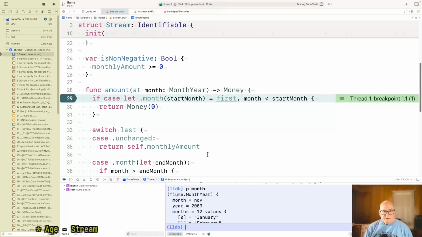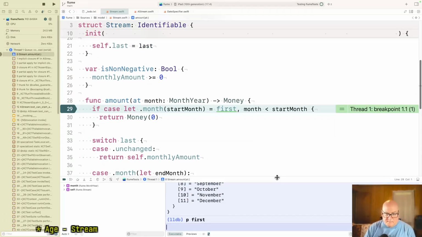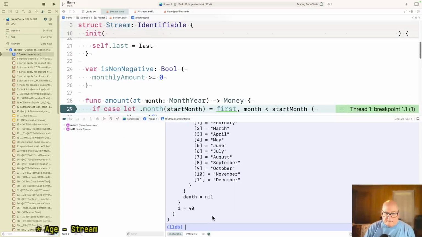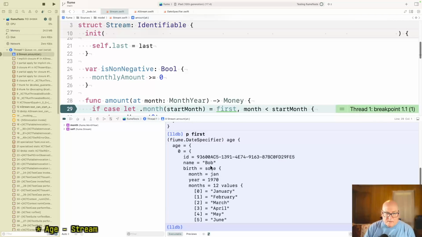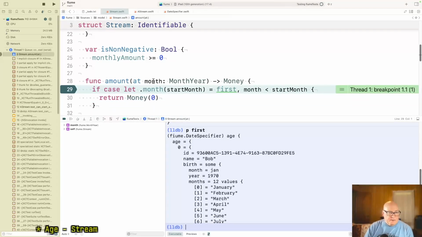His month, start month. Bob, his birthday. I don't know why these aren't like constants. His birthday is January 70. Okay, so that should not happen.